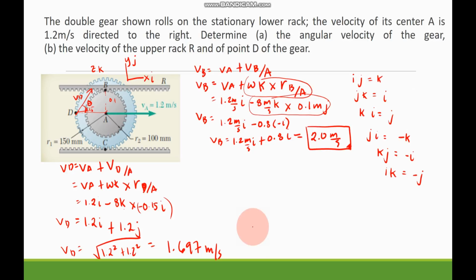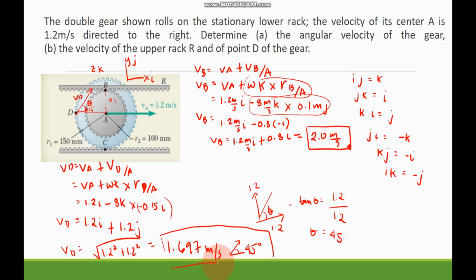So we can say that for I earlier, I is 1.2, and then our J is 1.2. So the angle theta here is equal to, let's say tangent theta is equal to opposite, which is 1.2 all over 1.2. Therefore theta is equal to 45 degrees. Therefore, the velocity of D is equal to 1.697 meters per second, 45 degrees with the horizontal. So this would be our final answer for the velocity of D.